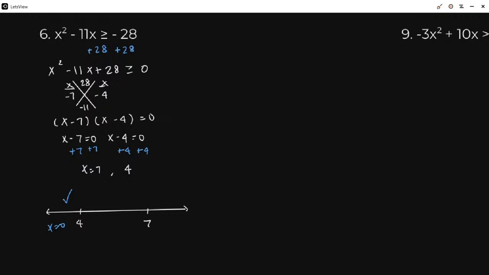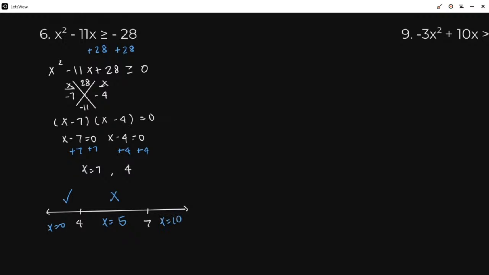For the middle, you can really test any number, but I'll just choose 5. So 5 squared is 25 minus 11 times 5, which is 55. So we have 25 minus 55, which is negative 30. And negative 30 is not greater than or equal to negative 28. So it would not work here.